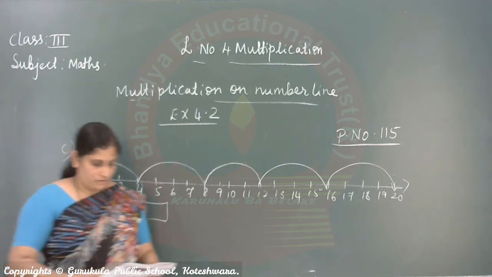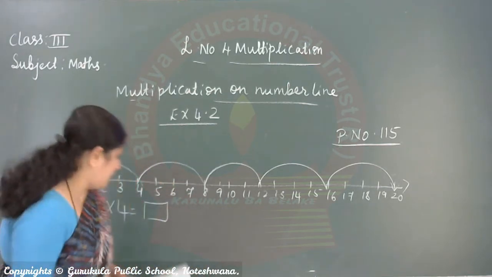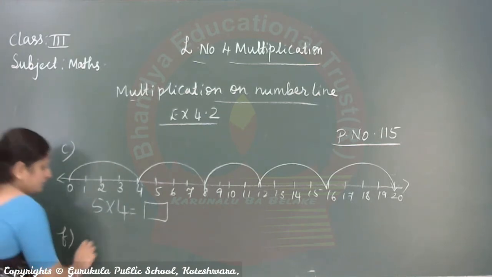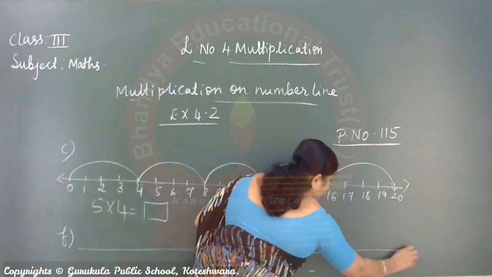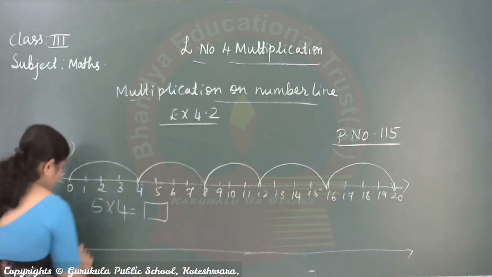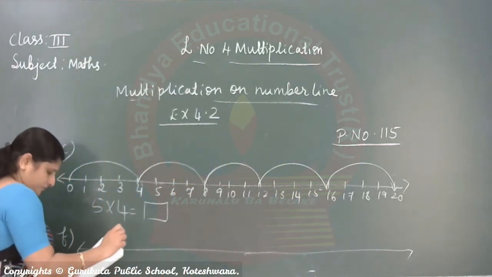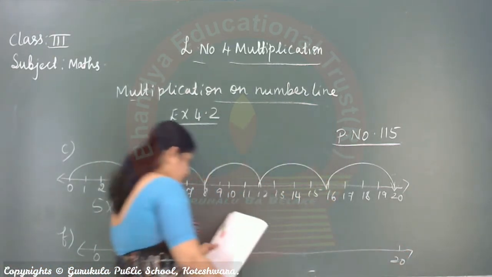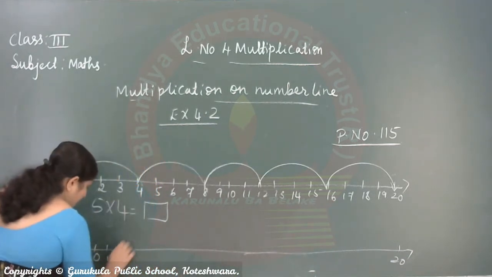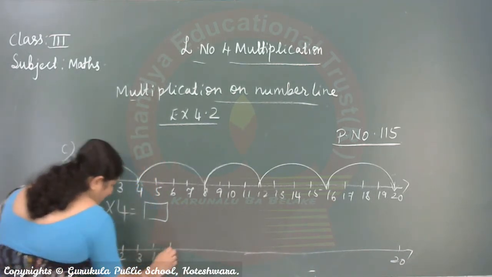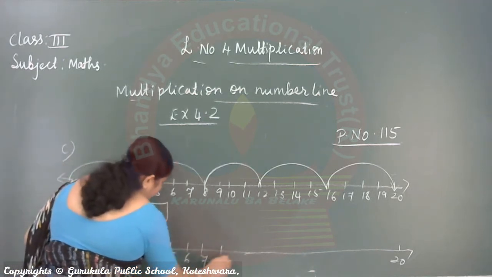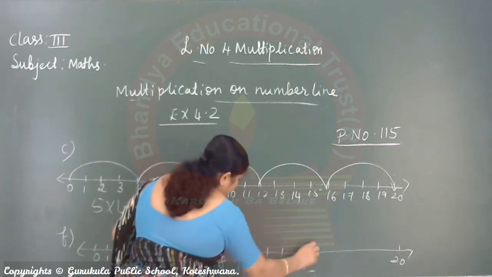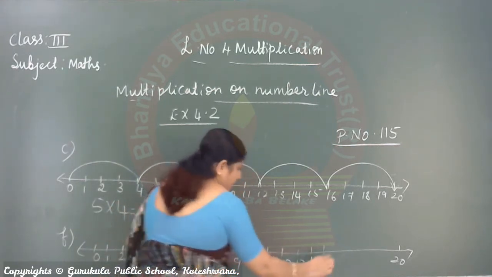Correct? So now next. Next one is the last question. We have the question 0 to 20. Write all the numbers 2, 3, 4, 5, 6, 7, 8, 9, 10, 11, 12, 13, 14, 15.